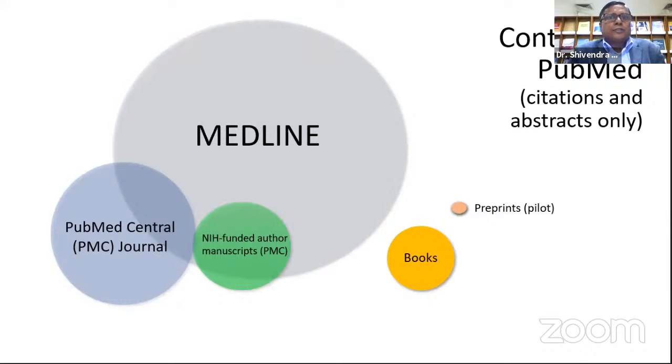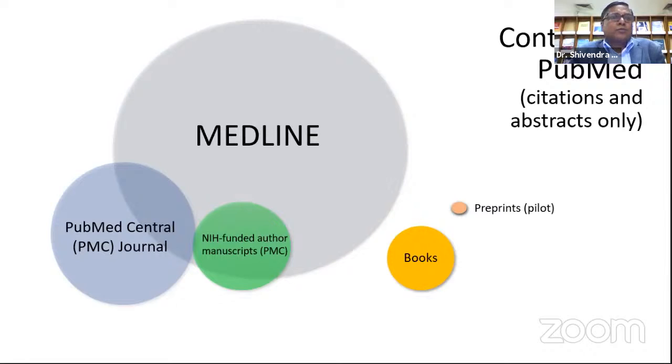PubMed also includes citations for the full-text articles that are in PubMed Central. These are the free full-text archives represented by the blue and green circles on the lower left of the circles.